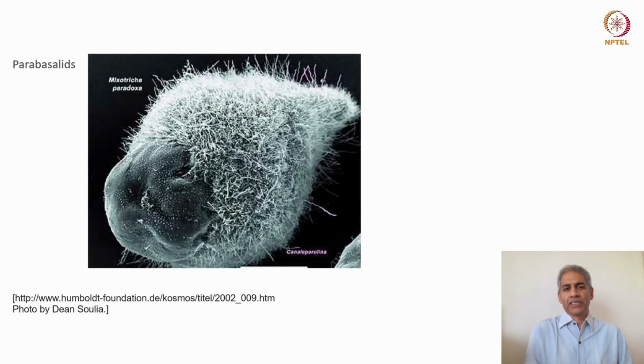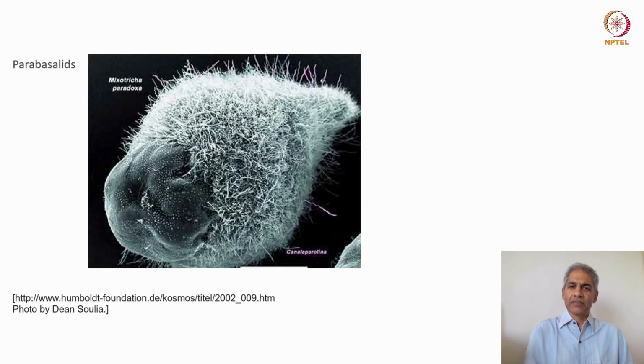Here is an image of this protozoan. Seen in the front is the mouth, or what's called the ingestive zone. Then you have this pear-shaped body which tapers to a blunt end at the back. And as you can see, it's covered with very fine hair. The biologist who first discovered this organism, Joan Sutherland, also thought that these were hair, but later discovered that they were not really hair, but a species of bacteria called spirochetes.